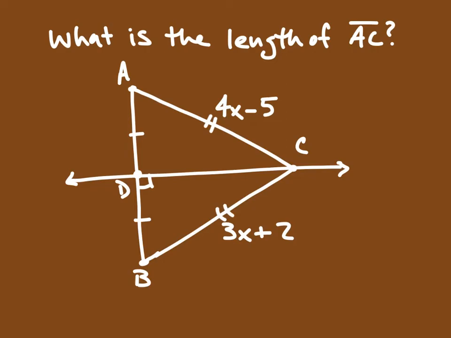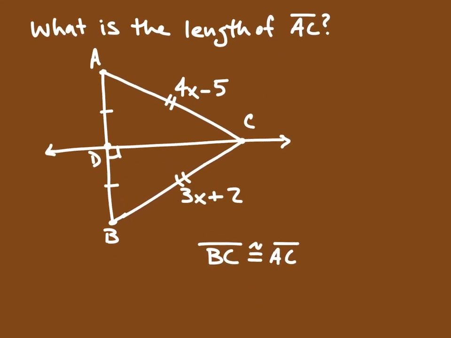If I wanted to set up an equation to solve for x, because I know that BC is congruent to AC, then I can figure out the value of x by setting up an equation. If I substitute 3x + 2 in for BC, so 3x + 2 is equal to 4x - 5, which is my length for AC, then I can solve this equation for x.